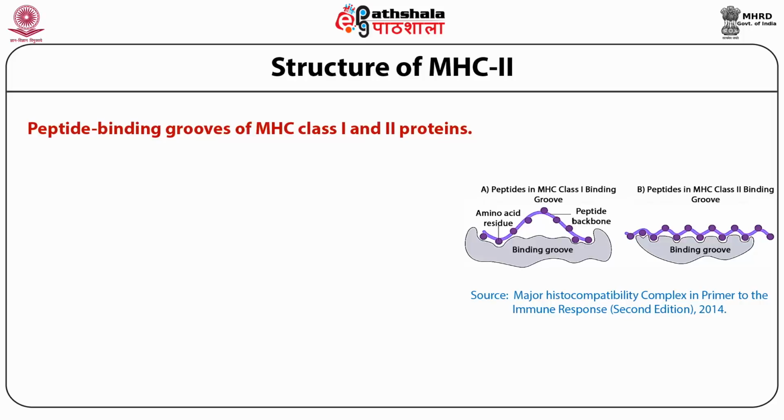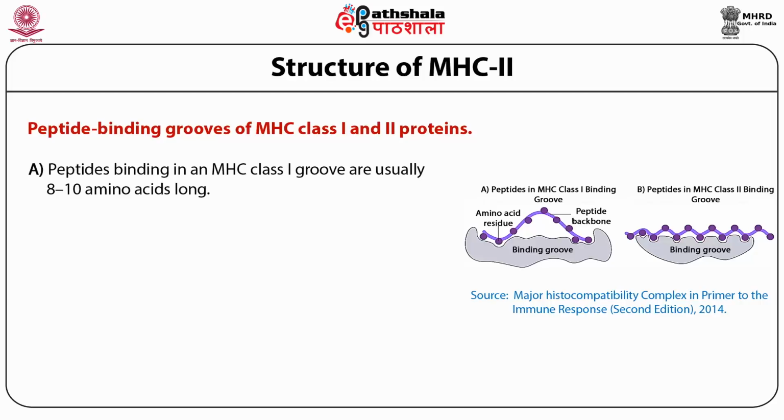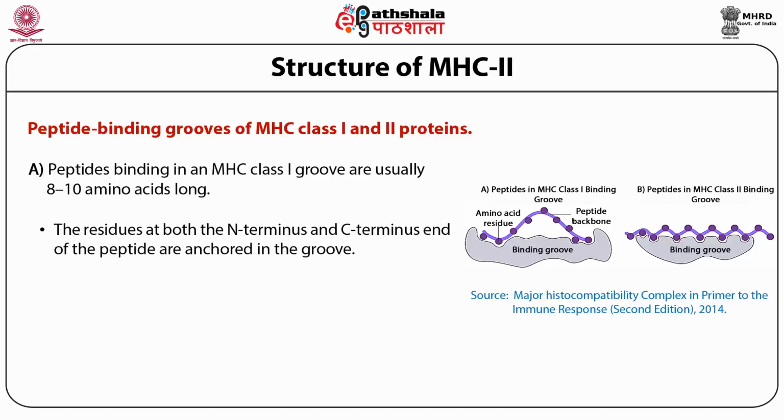These peptide binding grooves of MHC-I and MHC-II proteins show that the grooves are usually 8 to 10 amino acids long. The residues at both the N-terminus and C-terminus ends of the peptides are anchored in the groove, and it forms a peptide backbone which is usually above the binding groove.